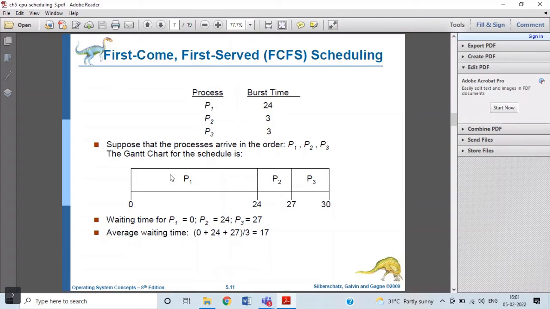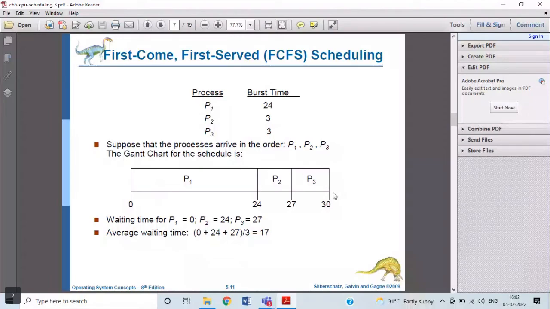These are the processes, with names P1, P2, P3, and these are the burst times. Burst time is nothing but the time required for the process to complete, the time taken by a process for its completion. Suppose the processes arrive in the order P1, P2, P3. The Gantt chart for the schedule is this.